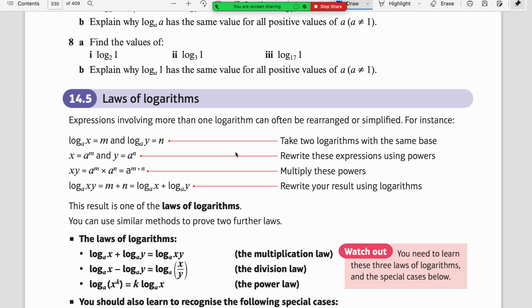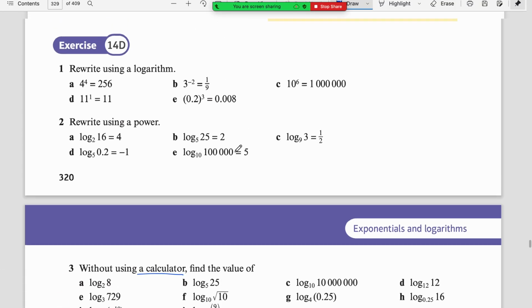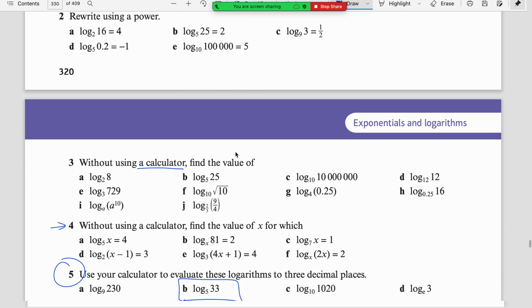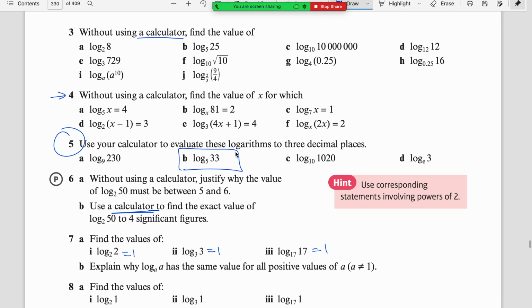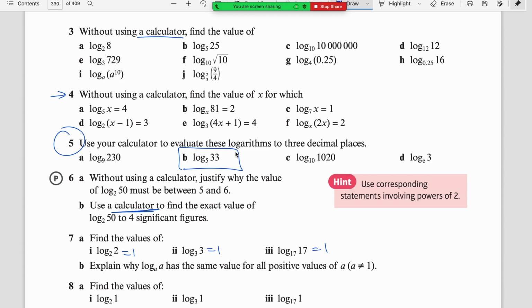Okay. Without using a calculator, find the value of this. So this is log of 81 to base x is equal to 2.